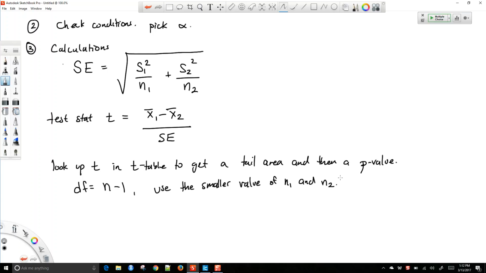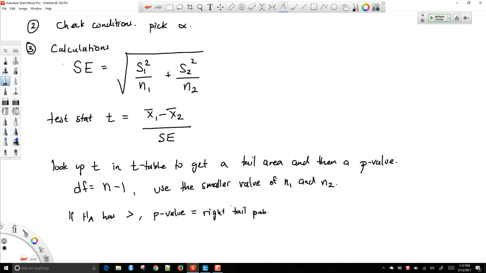This part is the same as using the t-table from before. If the alternative has a greater than sign, our p-value is equal to the right tail probability.